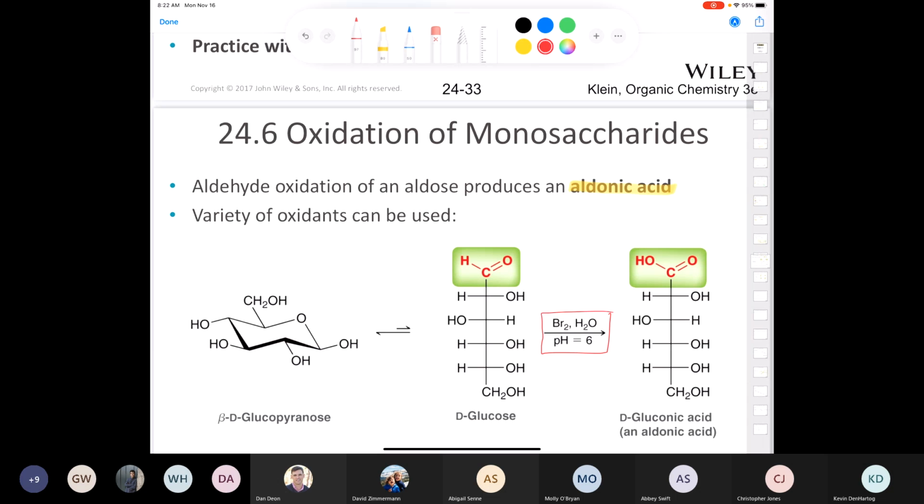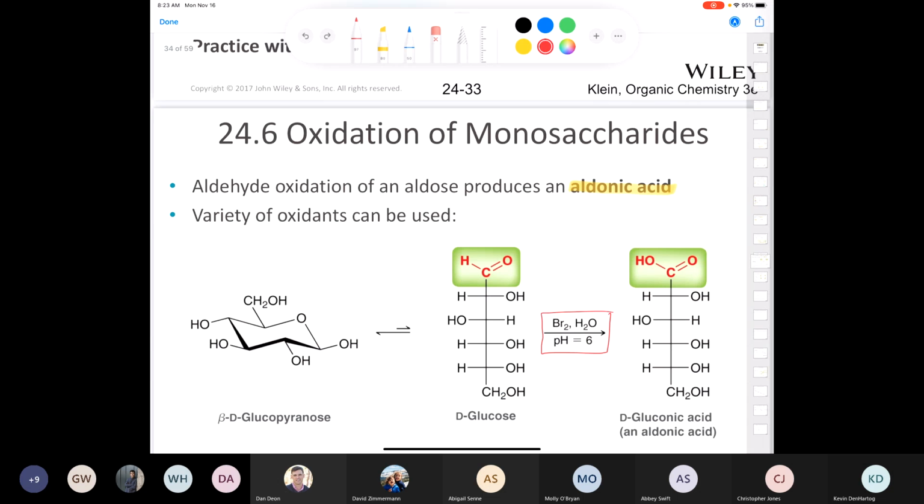These are very mild conditions. When you make this solution of bromine and water, buffered to a pH of around 6, it will react with an aldehyde, but it won't react with an alcohol. Pretty cool, huh? Maybe it has to be fine-tuned depending on the substrate, but I'm sure this reaction was well worked out a hundred years ago.